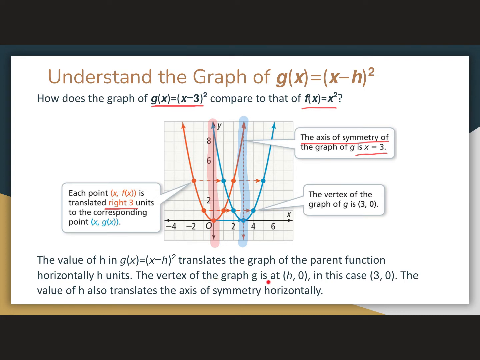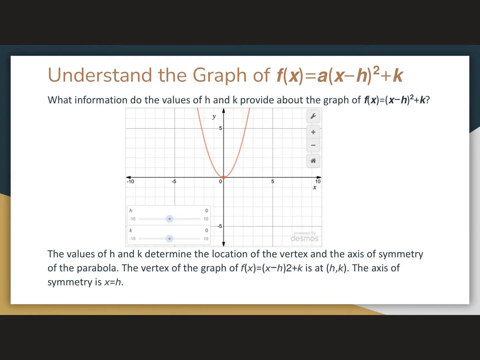The vertex of the graph is at h, 0. You notice it was at 0, 0. Now it is at h, 0. In this case, 3, 0. The value of h also translates the axis of symmetry. It translates us horizontally. K translated us vertically.